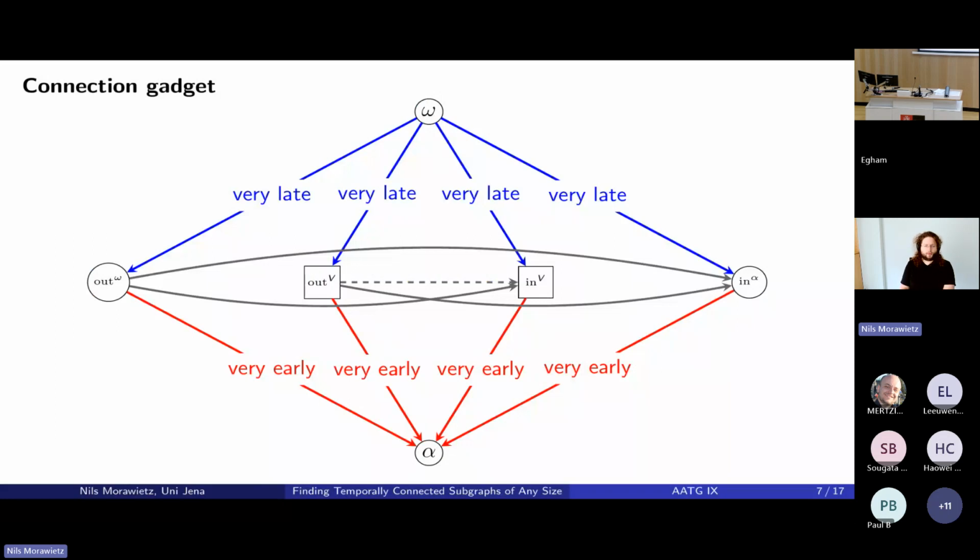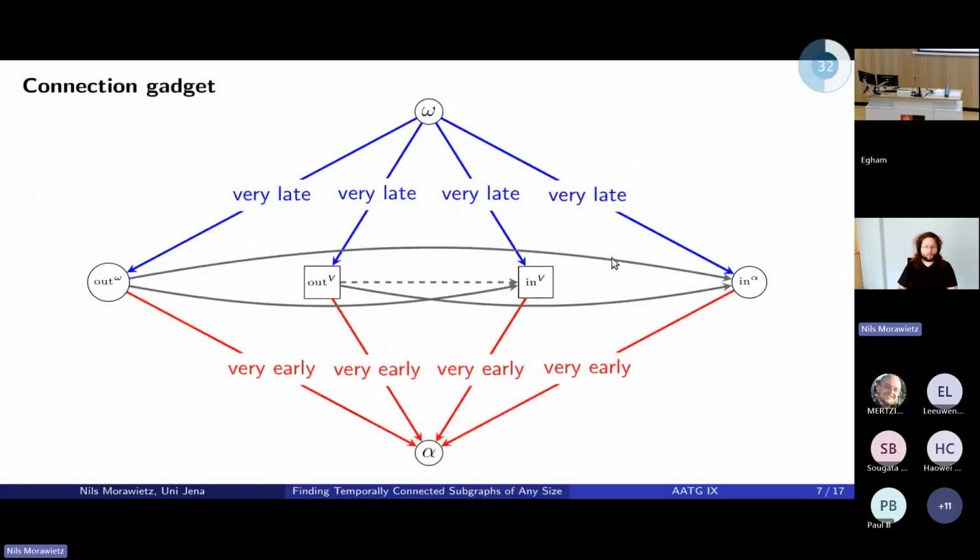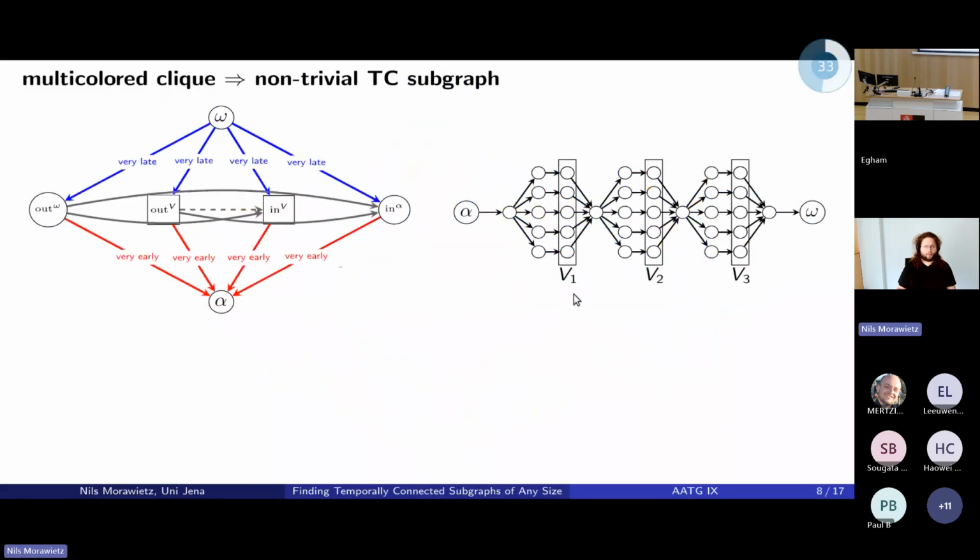I'll show in a moment how we then get a temporally connected graph, but this is how they are connected with each other. These gray edges are those that go between some out vertex to some other in vertex. So from some out y to some in x if they are adjacent.